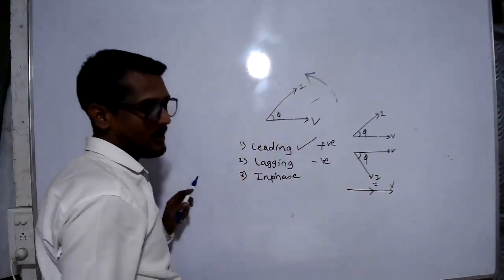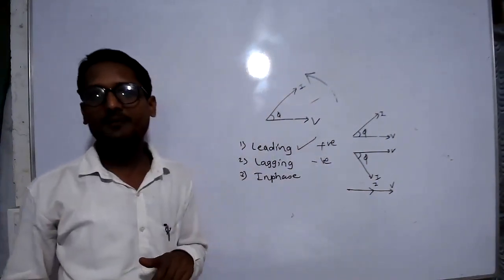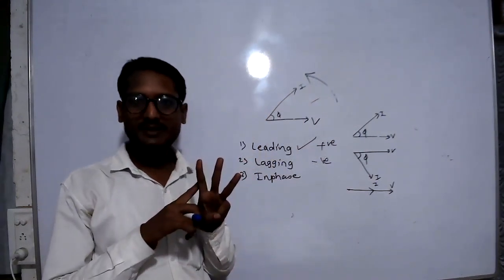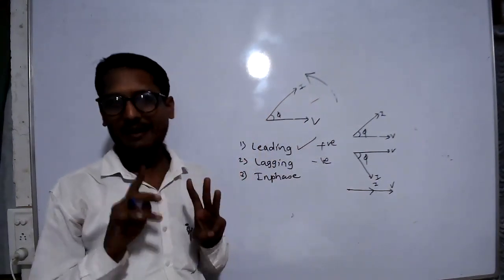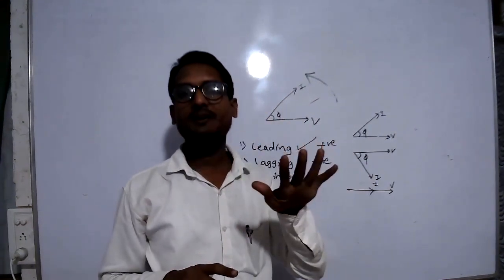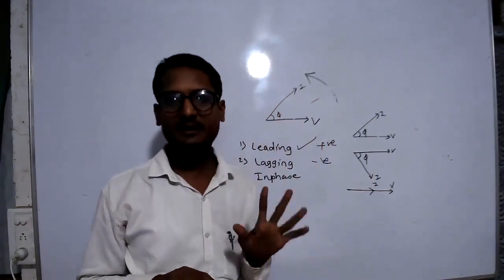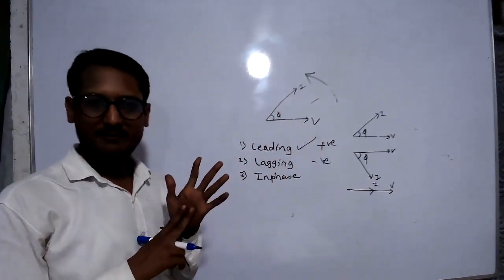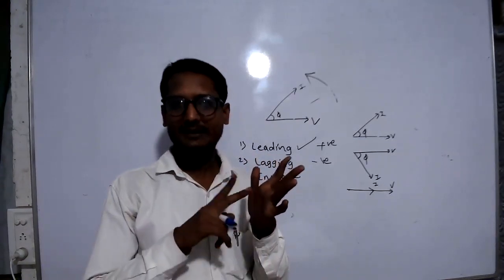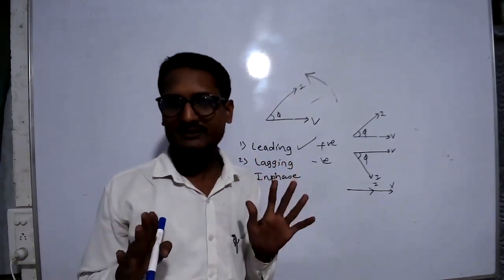We know that all the AC circuits are made from three basic elements: resistive circuit, inductive circuit, and capacitive circuit. These are the three important components of the AC transmission line: resistance, inductance, and capacitance.